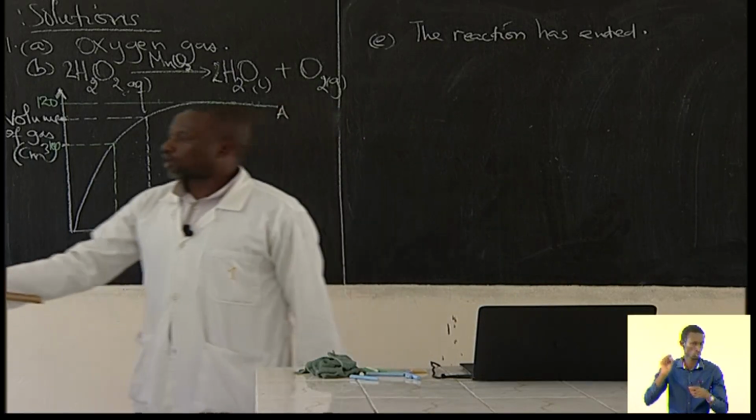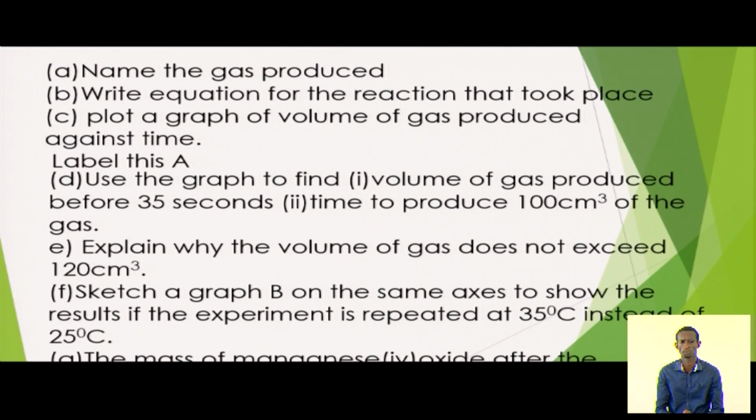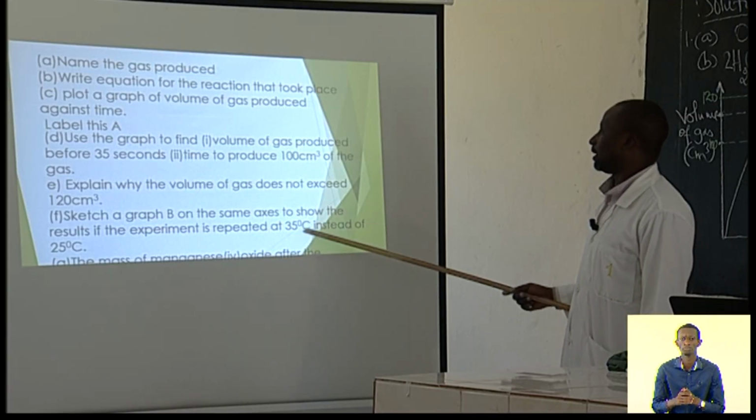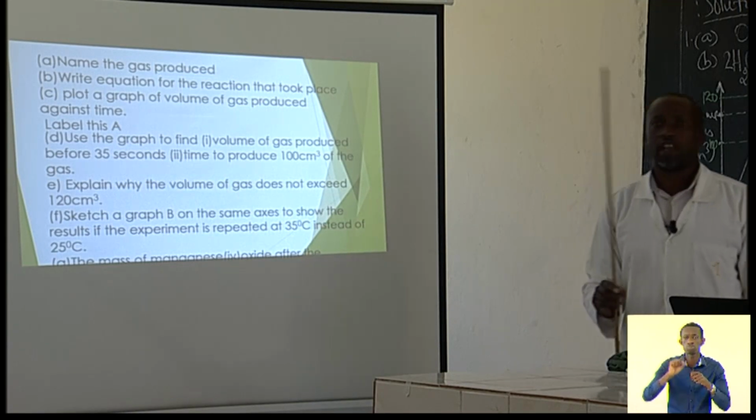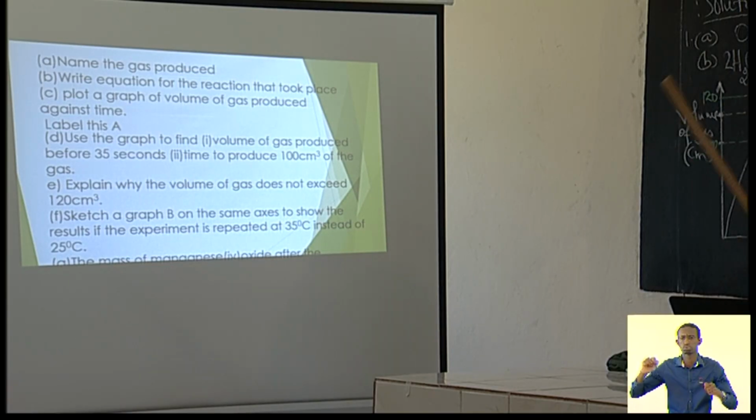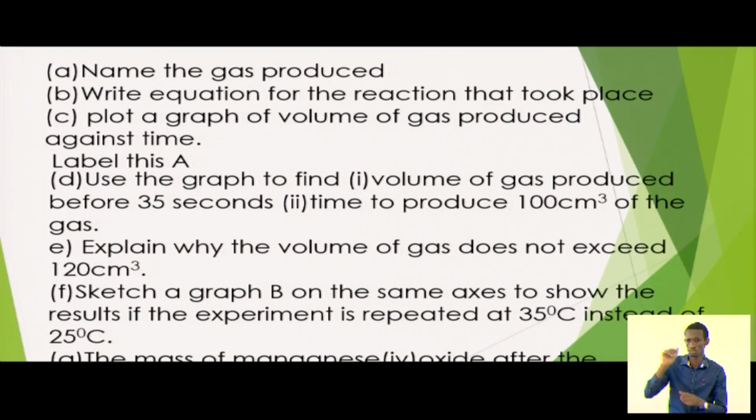Sketch a graph of B on the same axis to show the results in the experiment if the experiment is repeated at 35 degrees Celsius instead of 25 degrees Celsius. So we're assuming this was 25 degrees Celsius. That is the first graph that we drew.